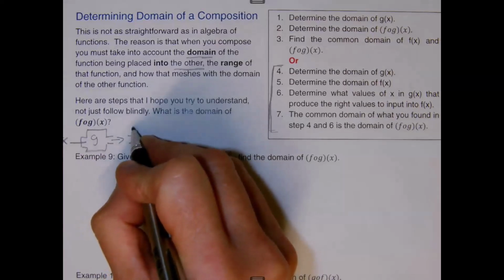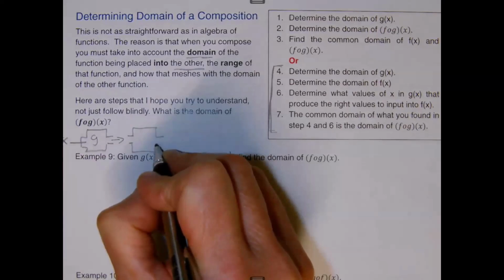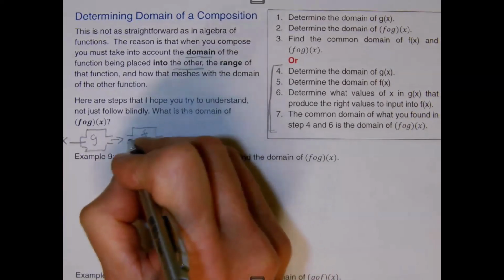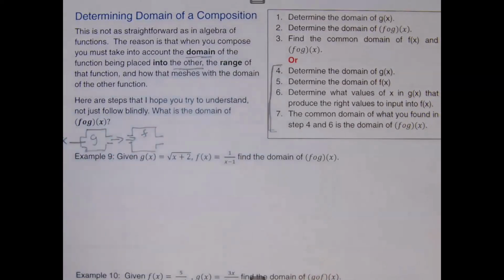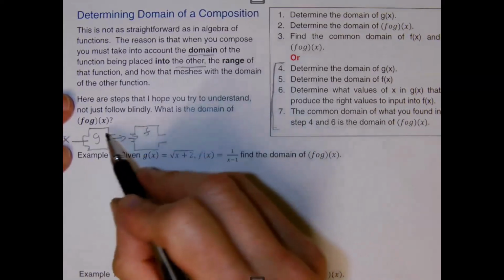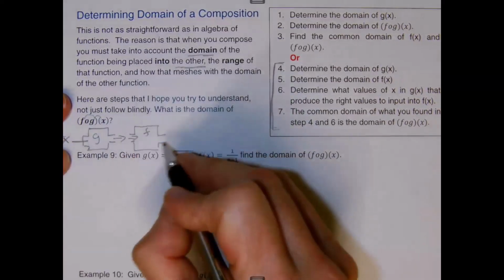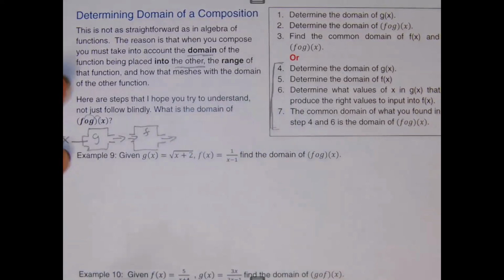They always are drawing little pictures. Do mathematicians draw pictures? Absolutely, they try to make sense of what they're doing. So pictures sometimes do help us. So again, g gets x first and then f gets a hold of that. So that's the process here.